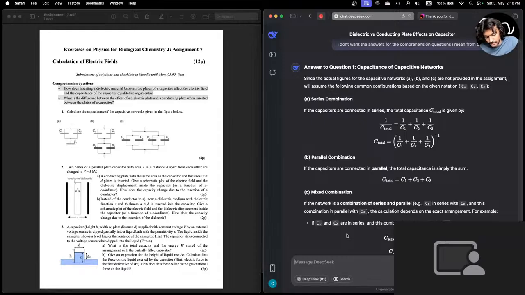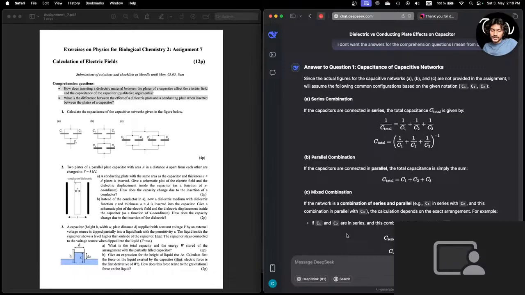Therefore, C total equals C1,2 into C3 by C1,2 plus C3.